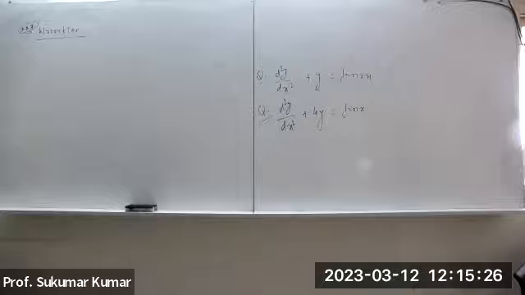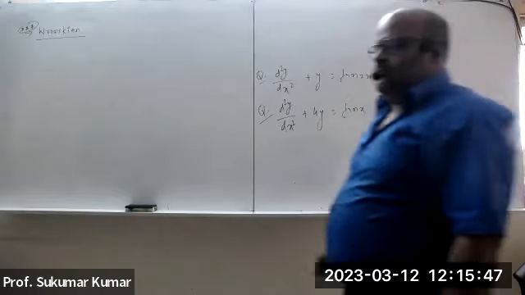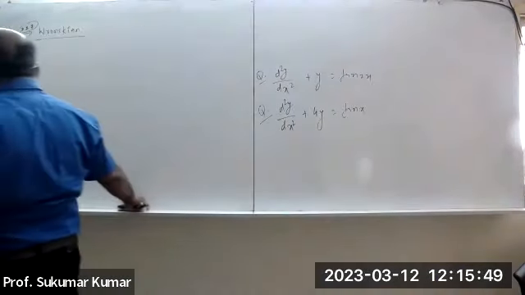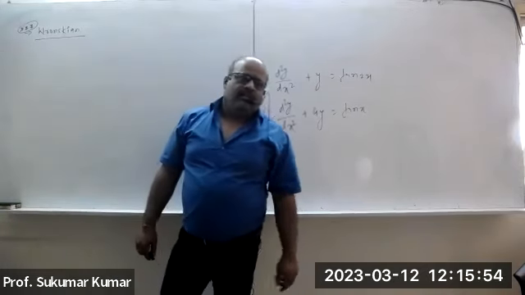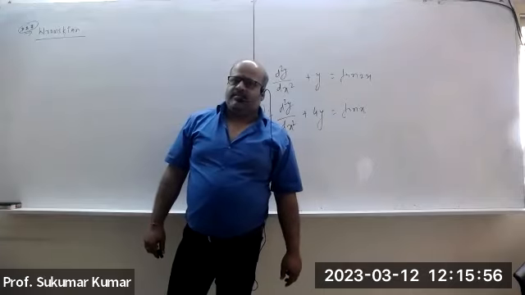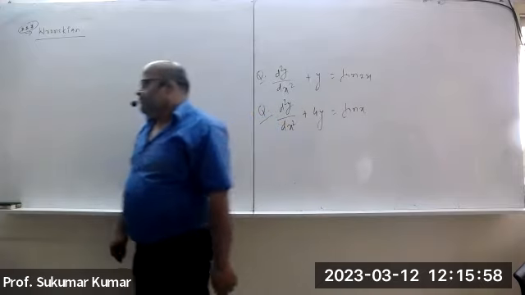So we will see the Wronskian first. The Wronskian is a verification for linearly independent or linearly dependent functions.